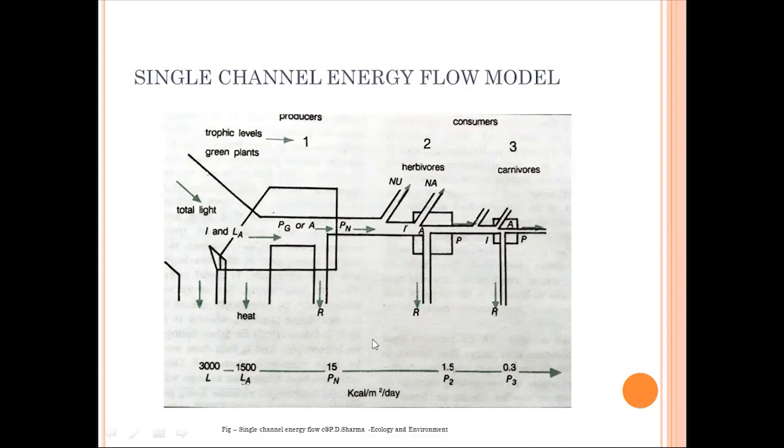Secondary production is much less than this, about 1.5 kilocalories. And again, this energy which is transmitted is decreased. So at every trophic level, the energy which is transmitted to the next trophic level will go on decreasing. So this is the implication of this diagram.